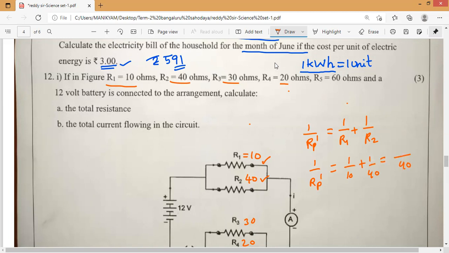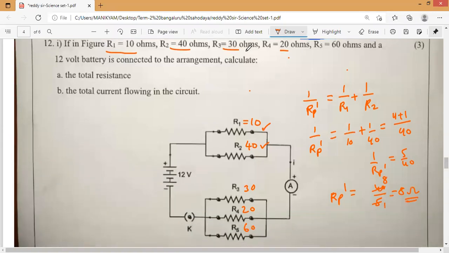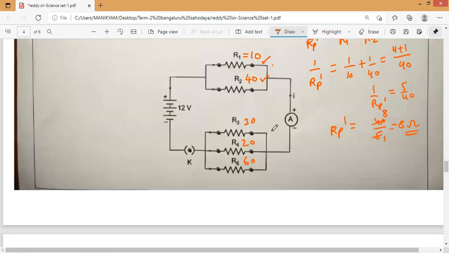So 4 plus 1, which is equal to 5 by 40. That is 1 by RP dash. So RP dash is equal to 40 by 5, which is 8 ohms. But drawing the circuit is also very, very important, so keep it in mind and you have to make it.